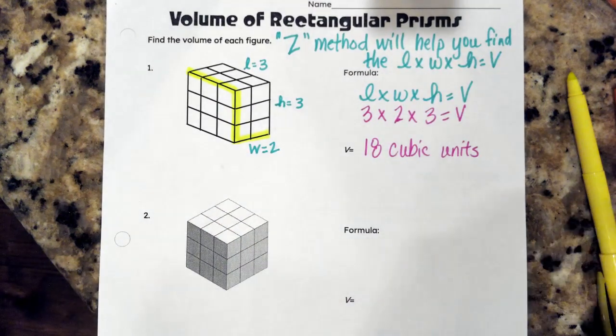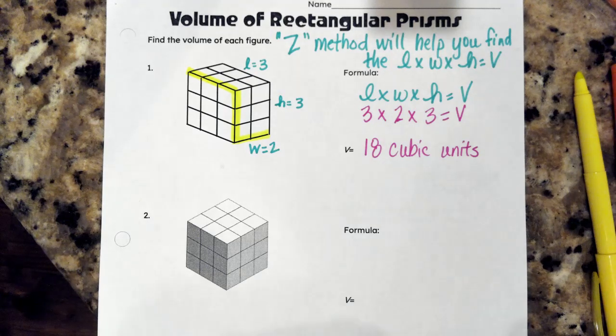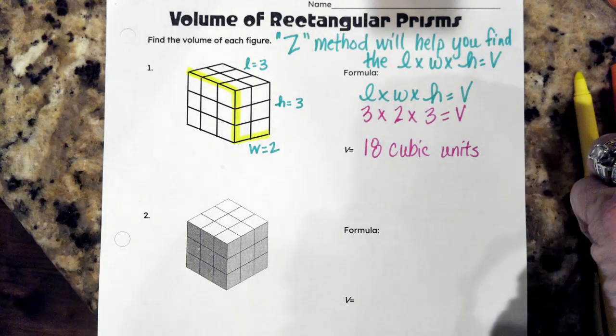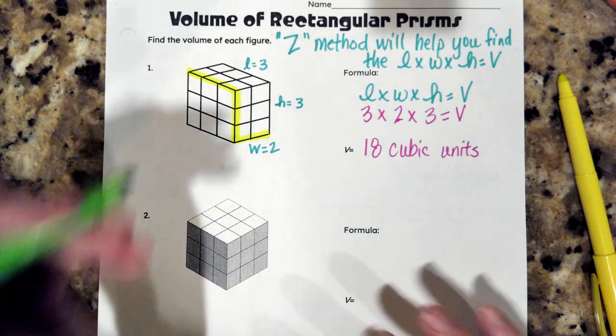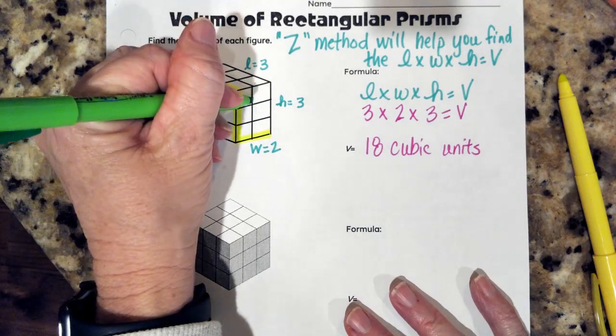And because that Z method is new for you, I'm encouraging you to look at other methods to check yourself. Another method would be to take your highlighter, maybe a different color, and look at this first corner piece, this piece right here.